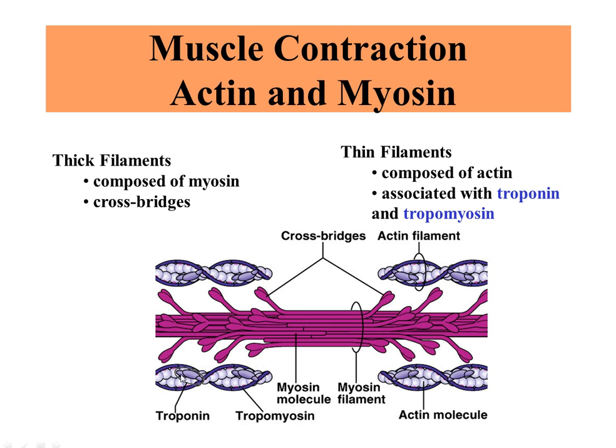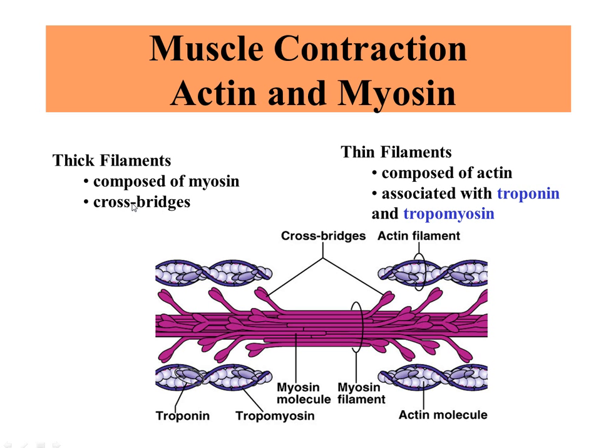So this globular protein troponin is embedded or attached to the tropomyosin. If you had that rope and you wrapped a thread around that rope or a piece of yarn, that would be what the tropomyosin looks like. And the troponin is a globular protein attached to the tropomyosin.